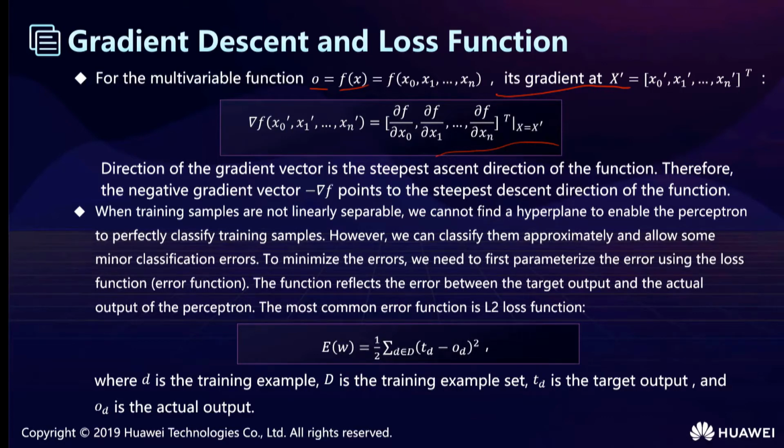When differentiating E with respect to the independent variable, the coefficient 1/2 offsets the exponent, making the coefficient 1, which we will see later. The function reflects the error between the target output and the actual output of the perceptron.